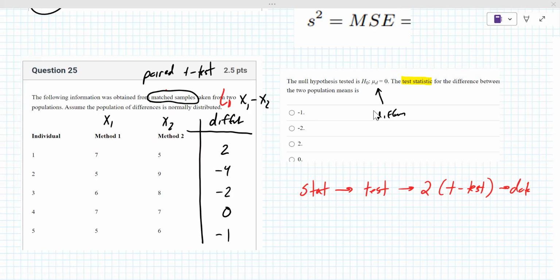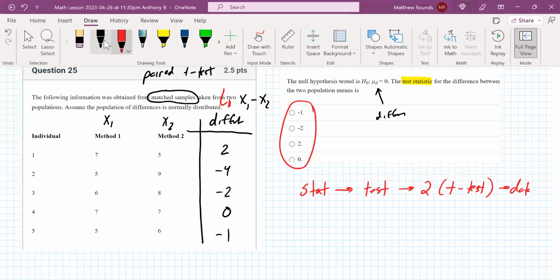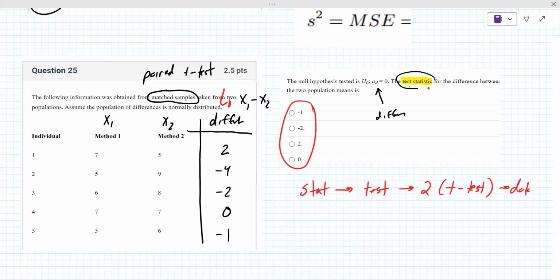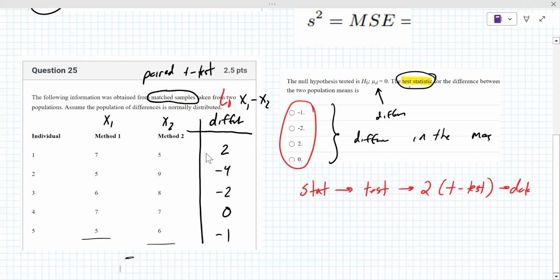Because what's given here are the differences in the means. And that's not what they're asking. They're asking for the test statistic, but what's given is the difference in the means, which is taking the average of method 1 and the average of method 2 and subtracting them, or taking the average of the differences.